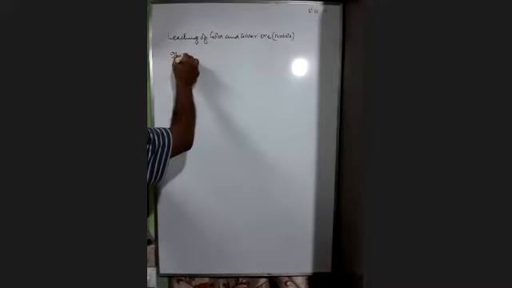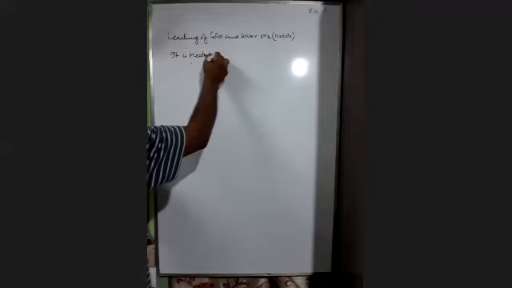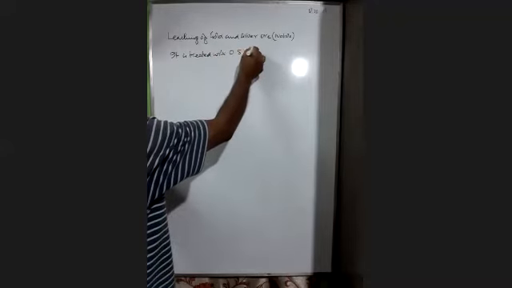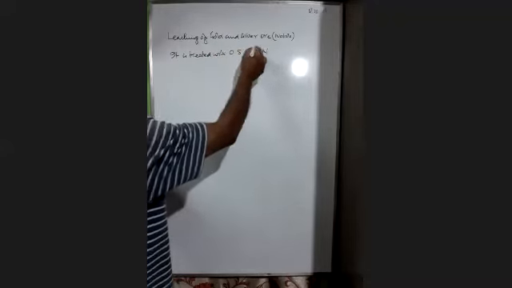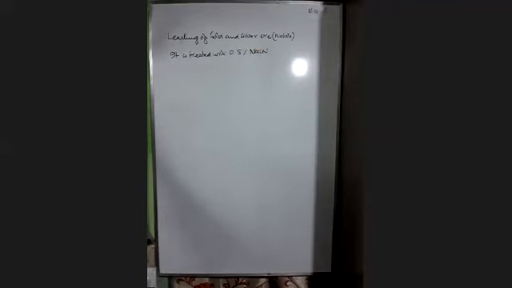So the silver ore and the gold ore is being crushed into powder, okay, and it is treated with 0.5% sodium cyanide. The sodium cyanide is dangerous, extremely toxic.